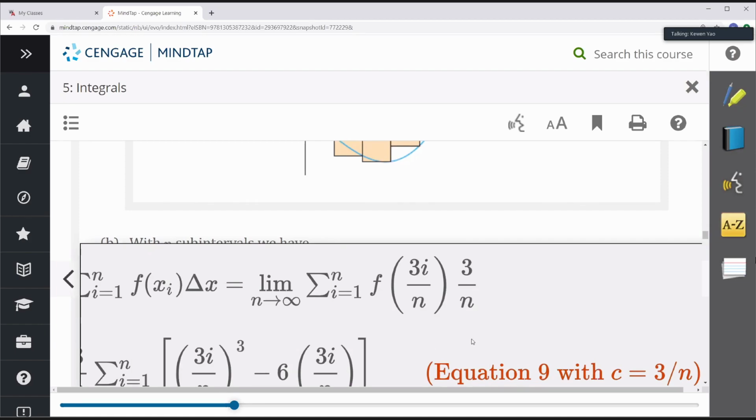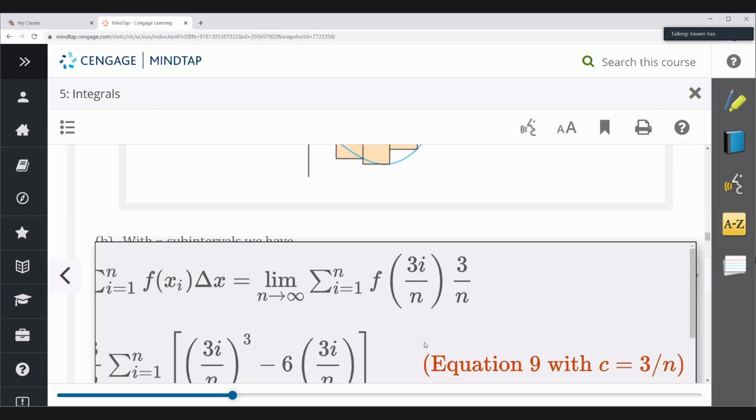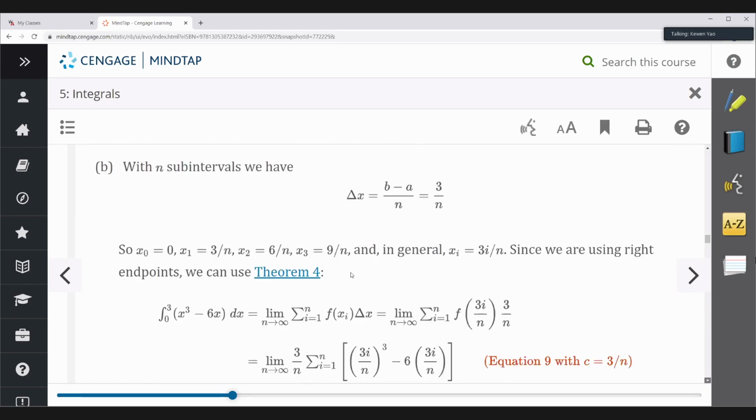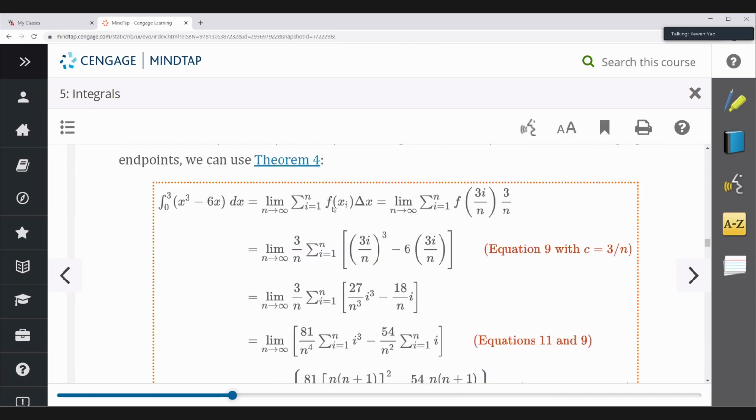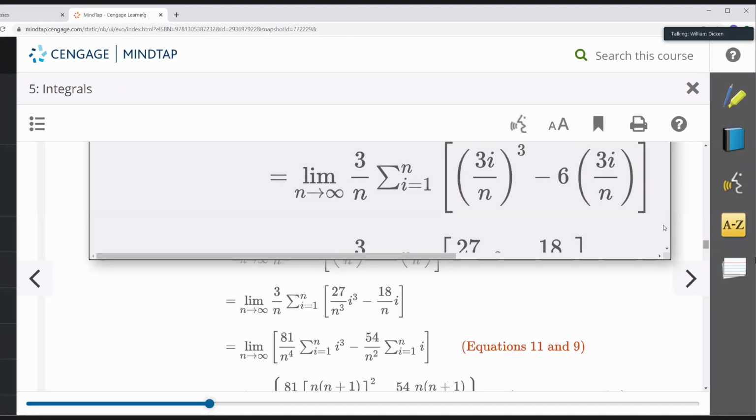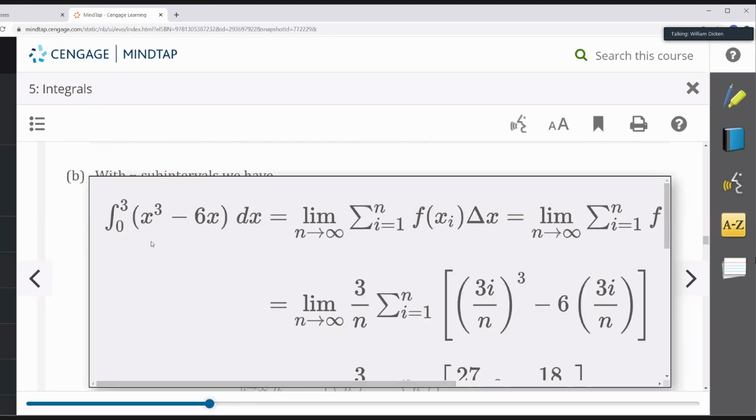Okay, now you can see it. Let me enlarge it. I don't know why this happens. You don't have to zoom in if it's too difficult.